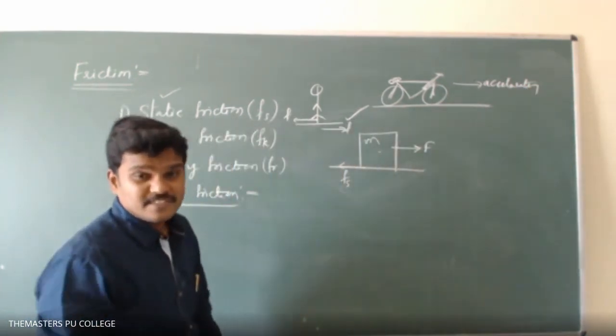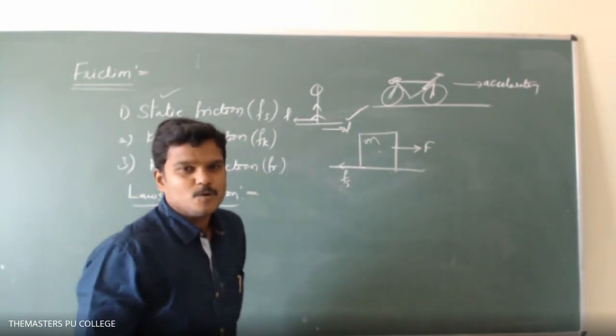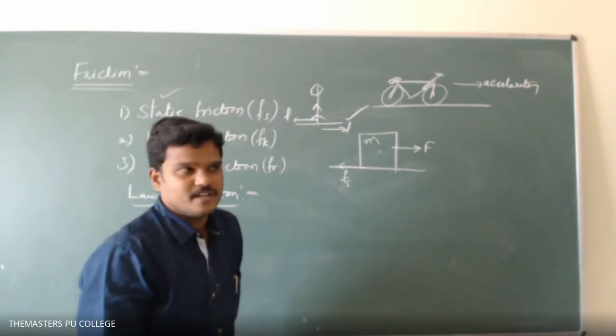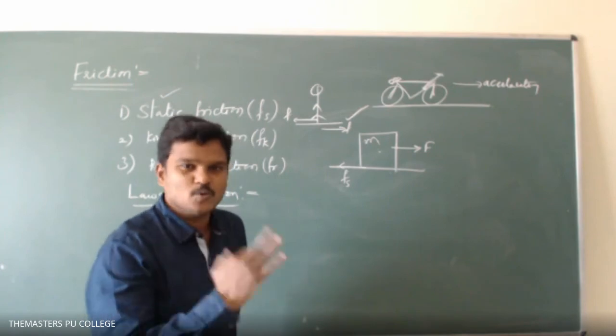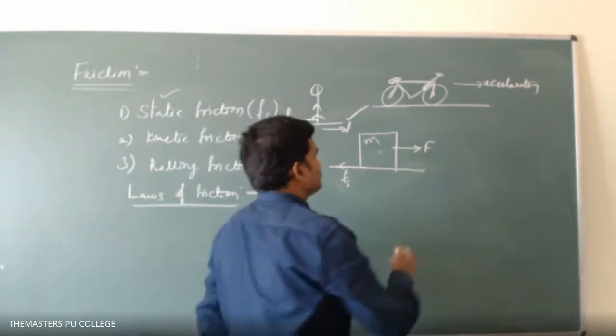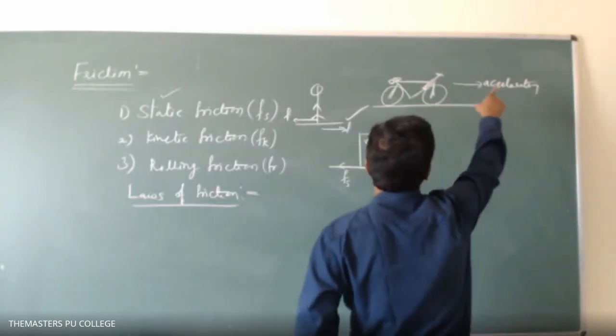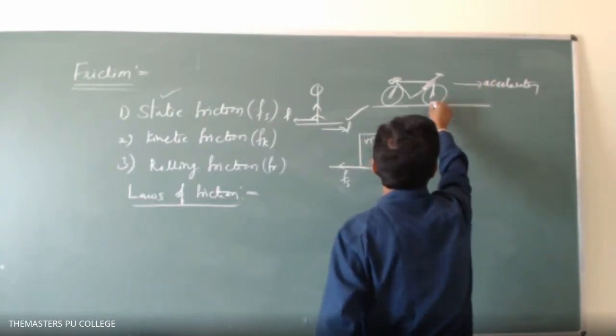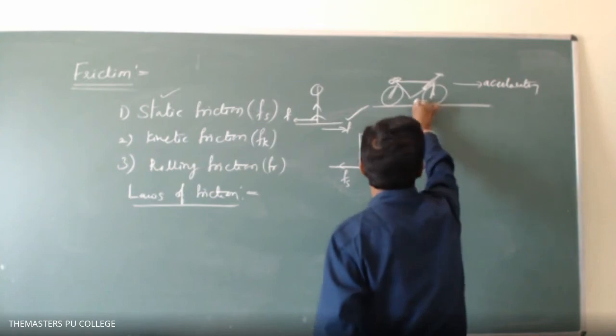The cycle is accelerating. Now there are two tires, and there will be a frictional force between the tires and the floor. Let us see the direction of the frictional force on the two tires. If the cycle is moving on a floor with an acceleration a, then the frictional force on the front tire, no doubt, is backward.